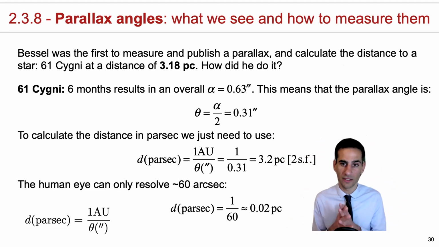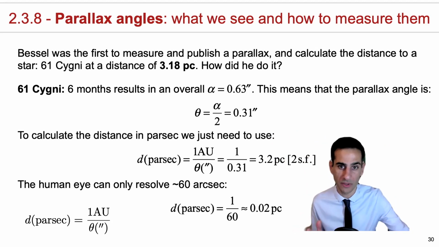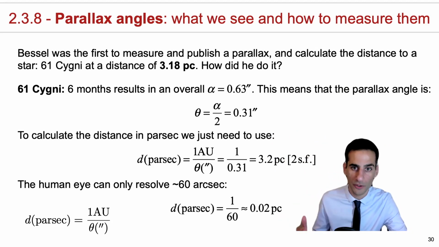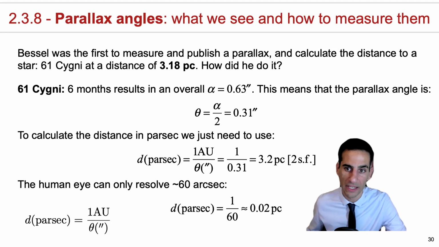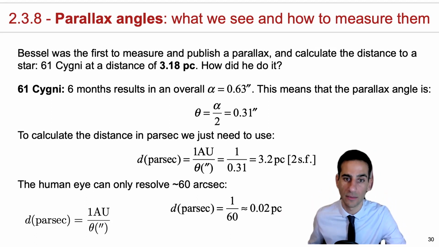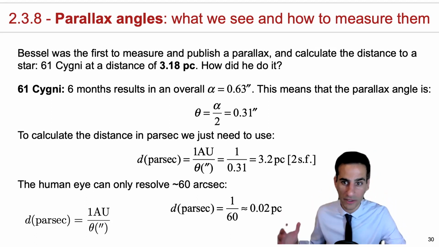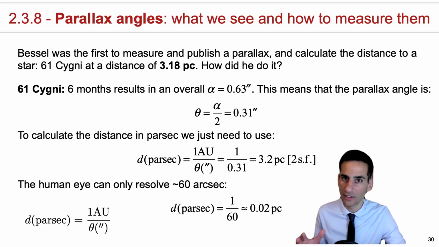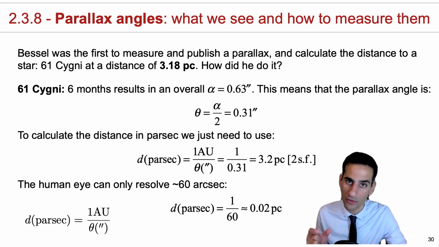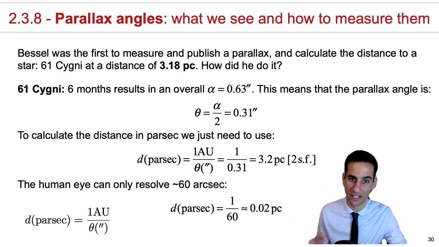And to calculate parallax distances is very simple. All you need to do is 1 over the parallax angle, and you get the distance in parsec. I think one of the important things to note, and we'll come back to this when we talk about telescopes and how bad our eyes are as telescopes, is that our eyes can only resolve down to something like 60 arcseconds.